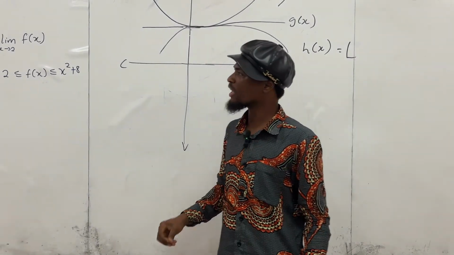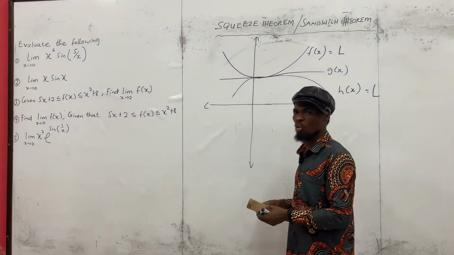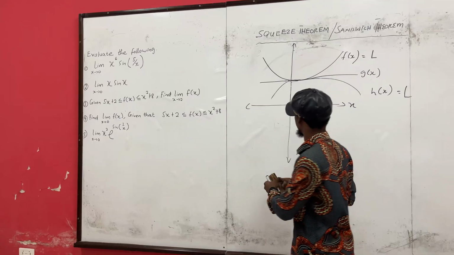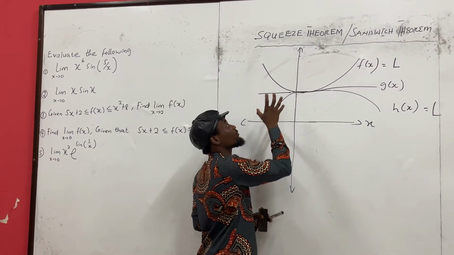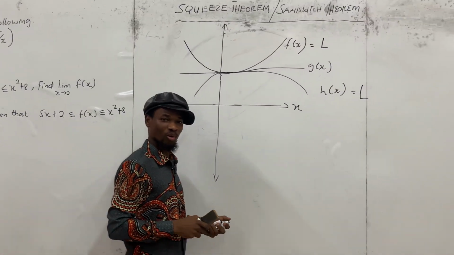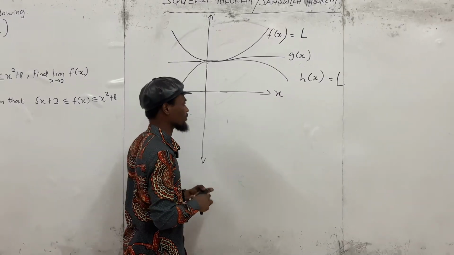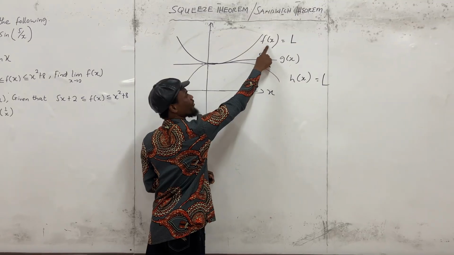Okay. So let's use this concept to appreciate examples. So mathematically, this is the geometric analysis or the idea of the squeeze theorem. Now let's speak in the language of mathematics. Now, if you have a function, say, f of x, right?